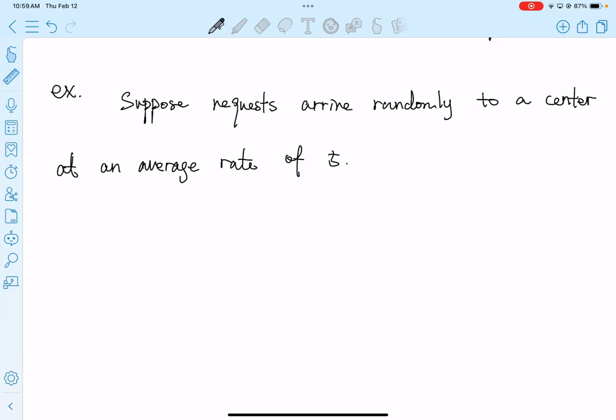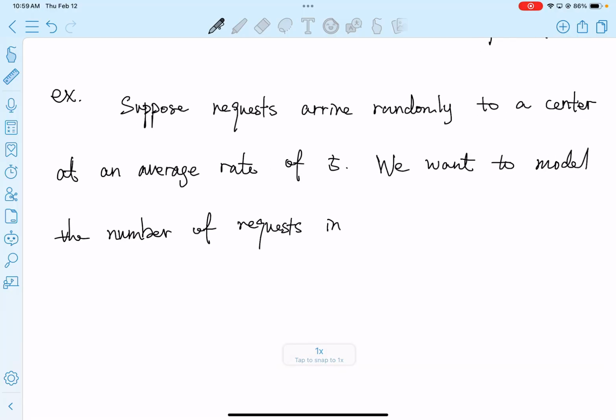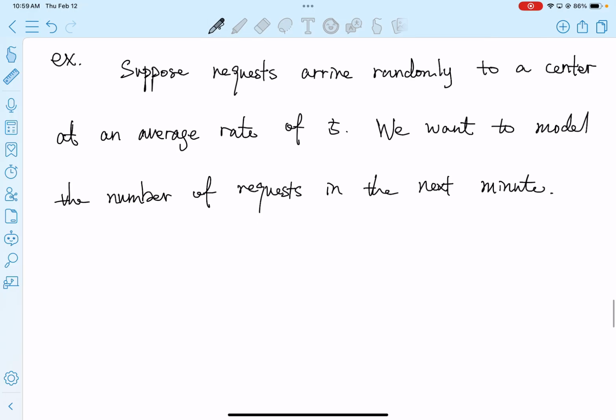And our goal is to model the number of requests in the next minute. Okay, so now we have a more concrete problem.